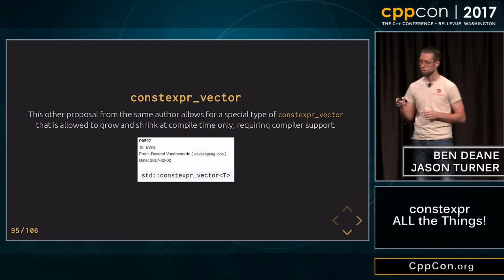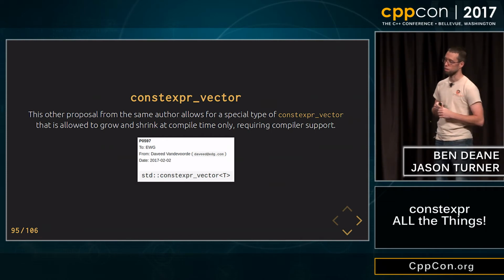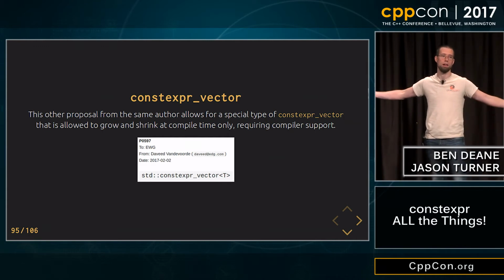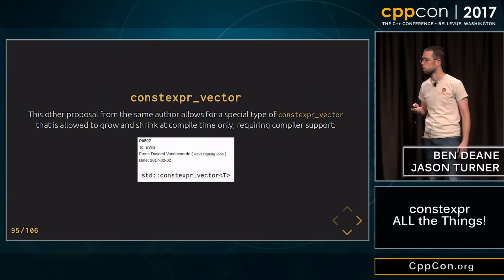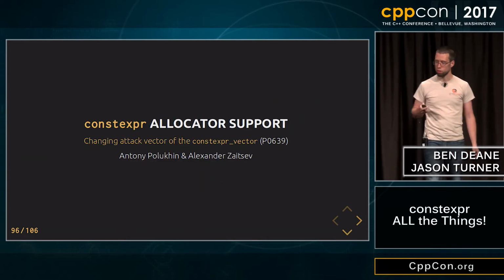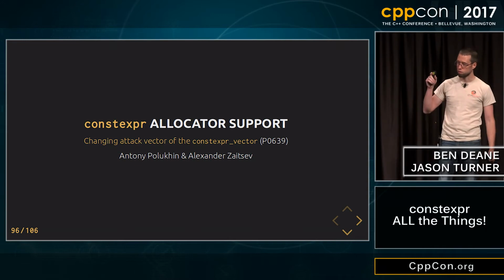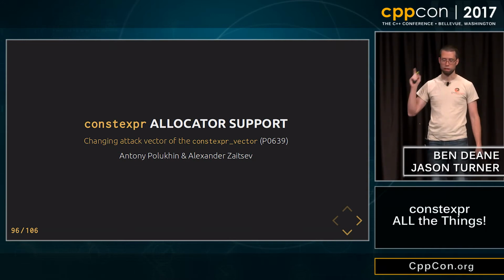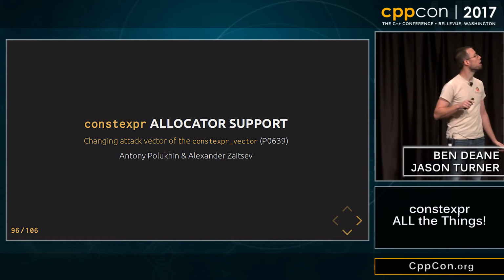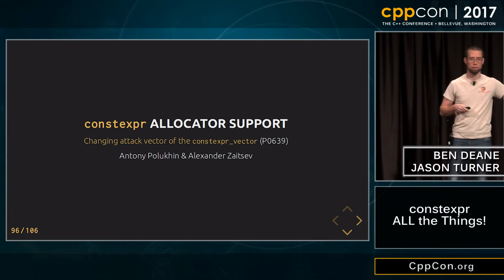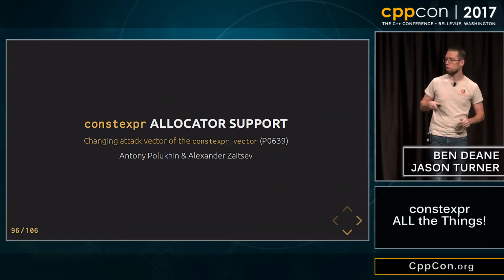And then David also has this constexpr vector idea, which is basically the vector that I was playing with, but it can actually keep growing at compile time, so it would be a built-in thing. And also, I alluded to this earlier, Anthony and Alexander, and I cannot pronounce their last names, have written this paper on actually implementing constexpr allocators.